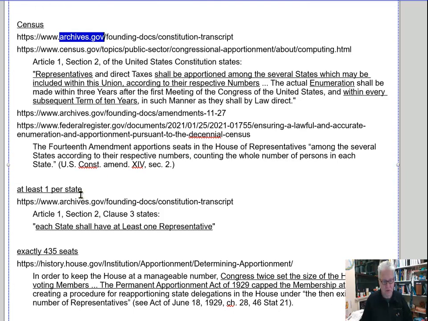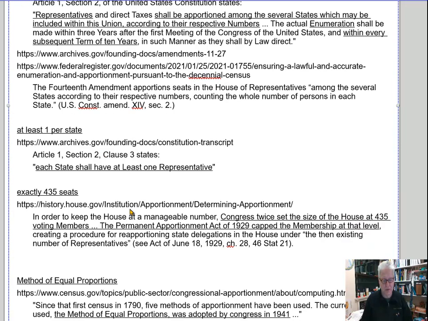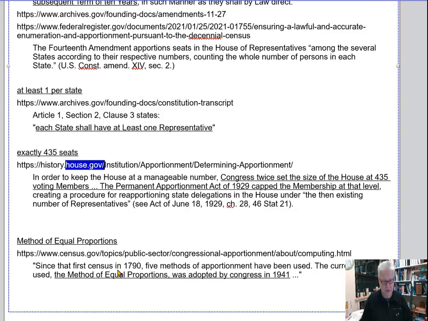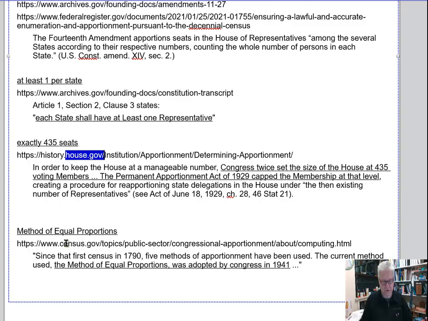Then at least one per state, again, the Constitution. Exactly 435 seats, house.gov. And the method of equal proportions, I found it at census.gov. And of course you can check those out at many other online sources.